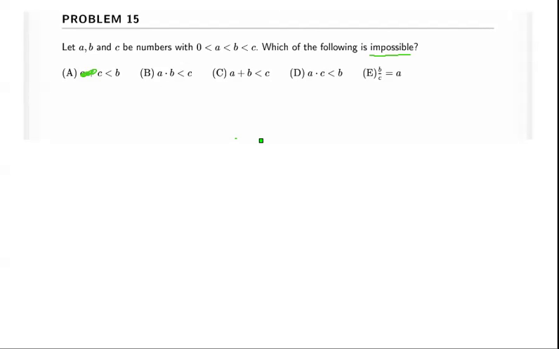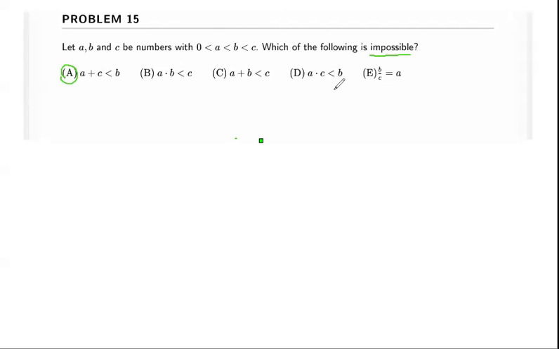And we know that A is a positive number, which means that will increase the value of C a bit. And that means the left side of this inequality will be way bigger than B, which is why this choice is incorrect. There is no way to get this result.